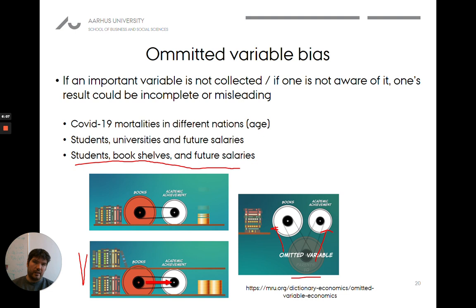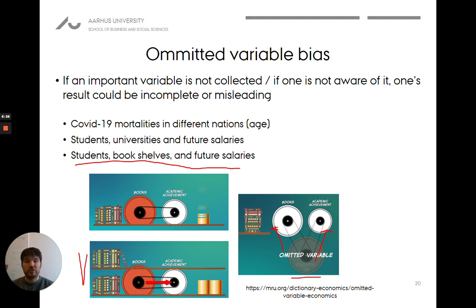One could also imagine an example of COVID-19, and we could look at different countries and see how many people die of COVID-19, and then lead that into a conclusion of, well, certain countries are better at preventing COVID-19 death than others.